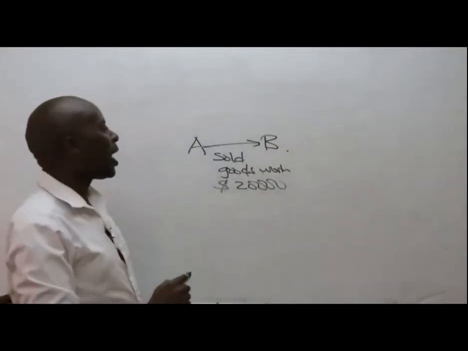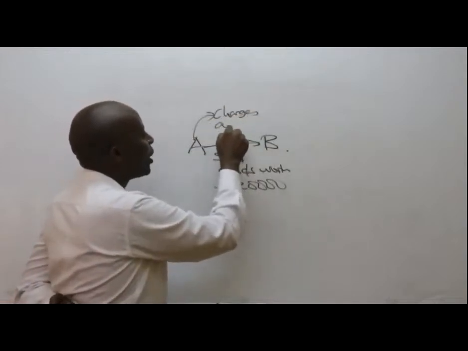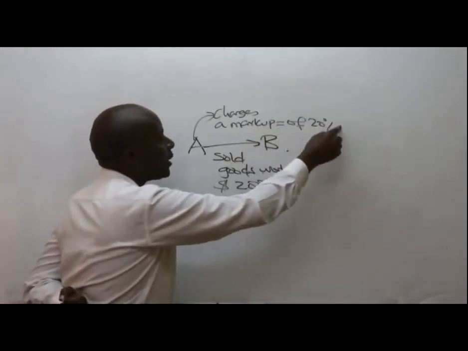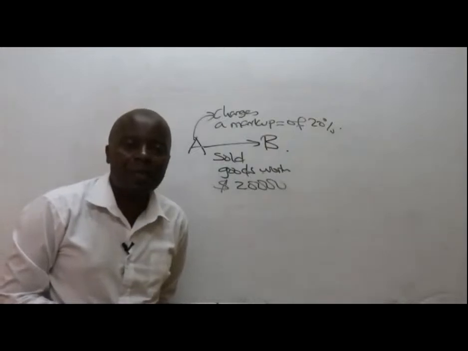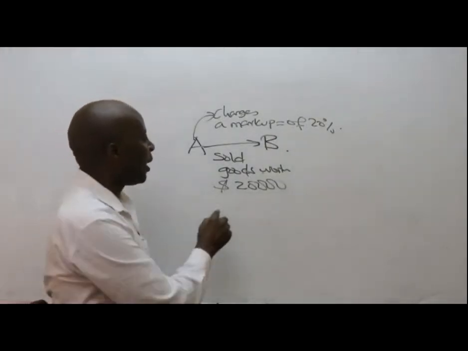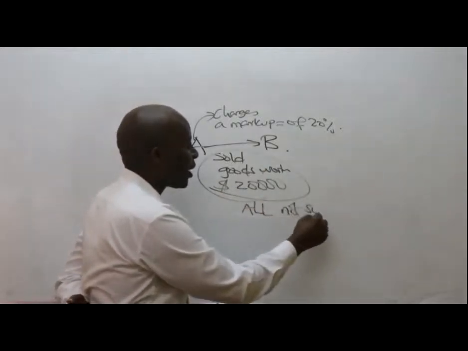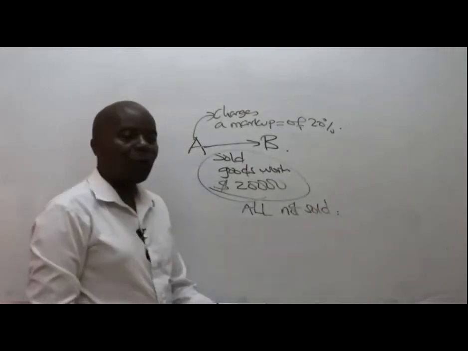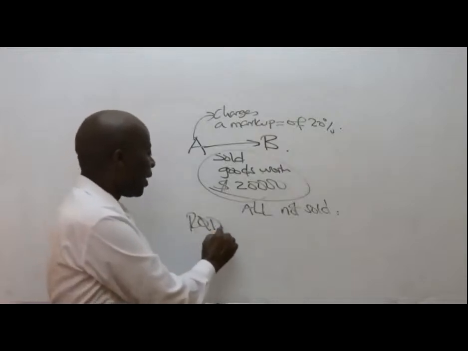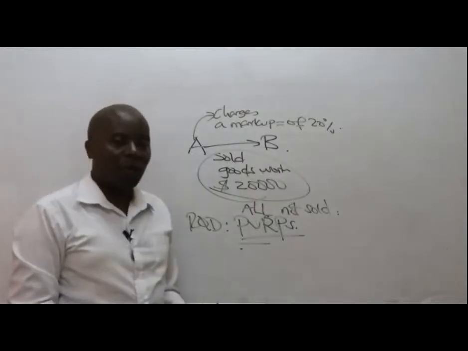A charges a markup of 20%. All these goods had not been sold by the end of the reporting period. So we are required to calculate the PAPs.